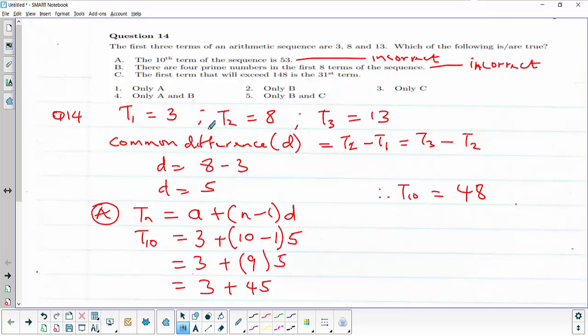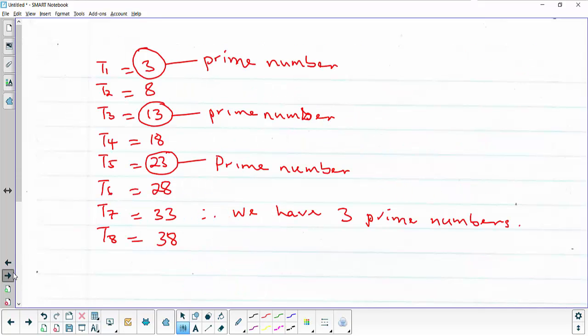So let us calculate it. So we are dealing with C now. Firstly, we need to ascertain maybe the first term that will be more than what we are given.